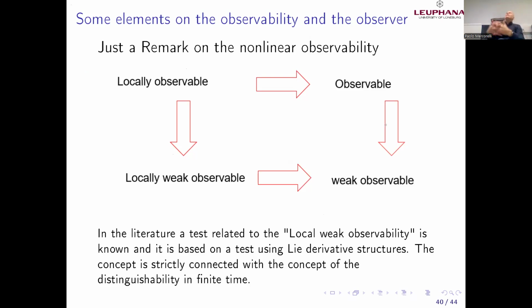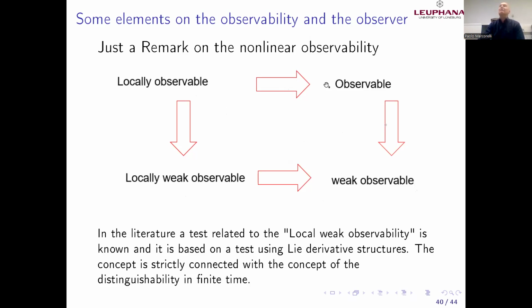Around the working point, just moving a little bit, if I am able to identify, to observe, to distinguish, remember the concept of distinguishability, this is the strongest concept because it implies locally weak observability, implies observability, and implies weak observability.